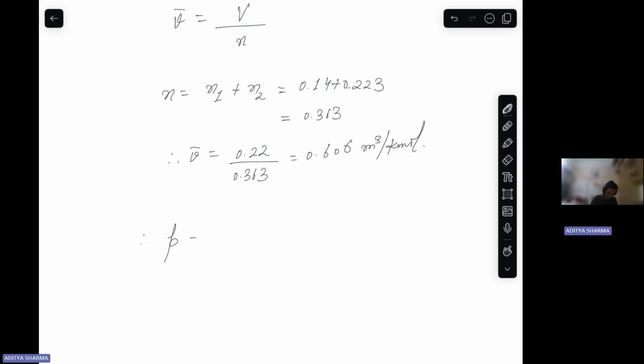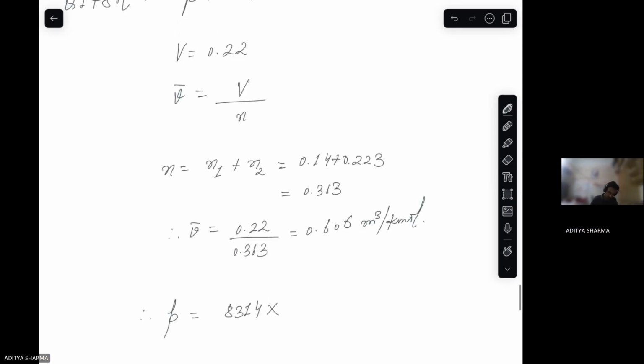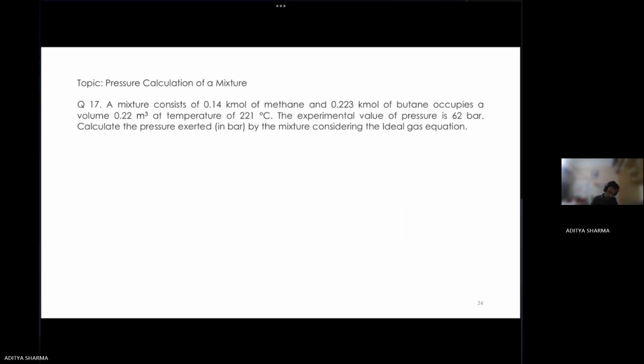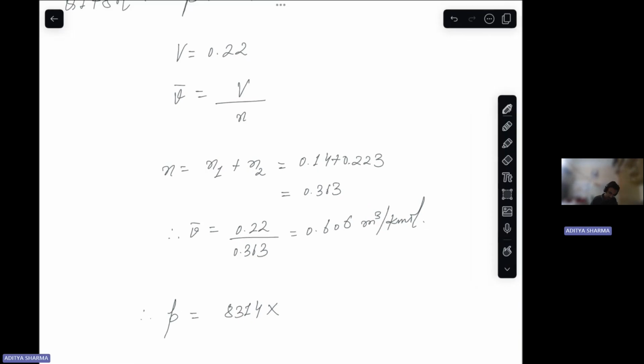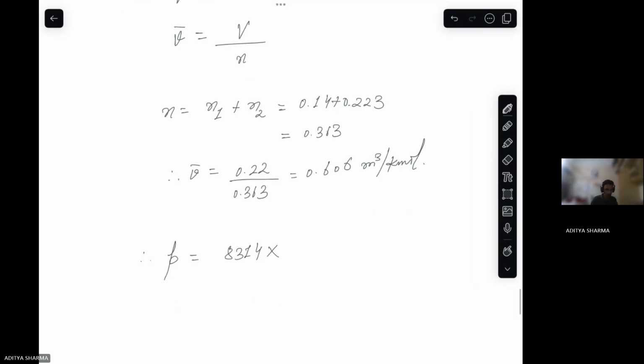So pressure will come out to be 8314 times temperature, which is 221 degrees Celsius, so 221 plus 273 in kelvins, divided by 0.606, which is your V bar.